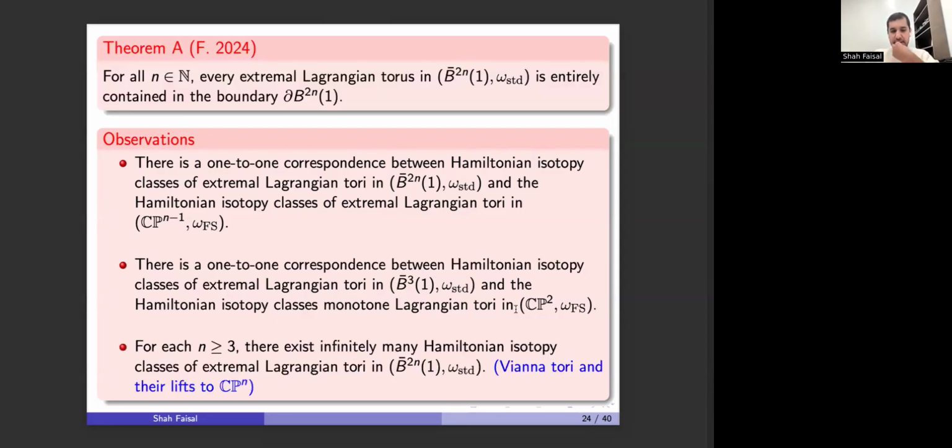And for n greater than or equal to 3, there are infinitely many Hamiltonian isotopy classes of extremal tori in the ball of dimension 2n. One can build them by lifting monotone Vianna tori from CP^n. Okay.